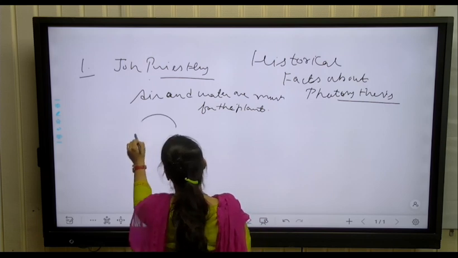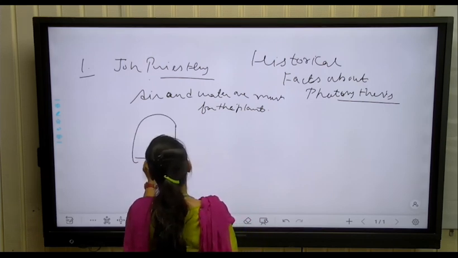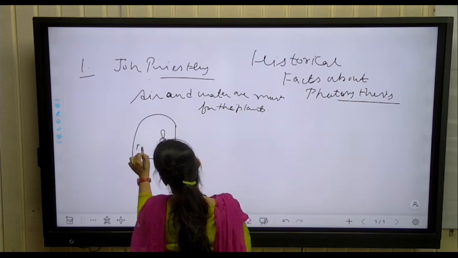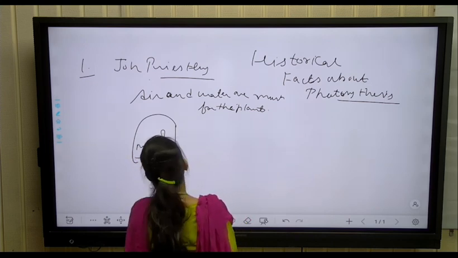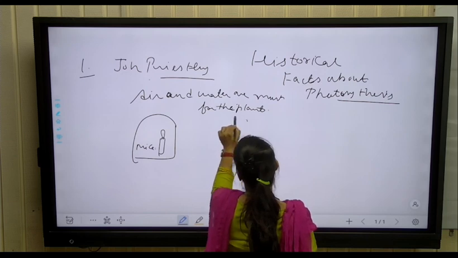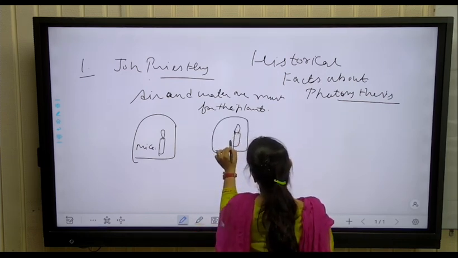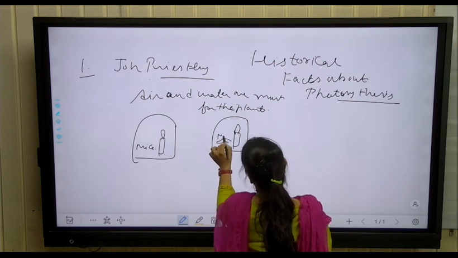For that he did an experiment. There was a mice and a burning candle.